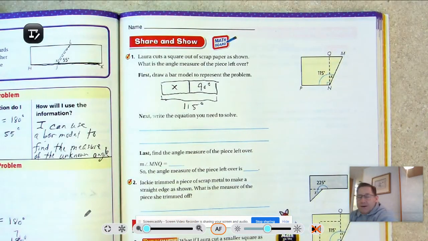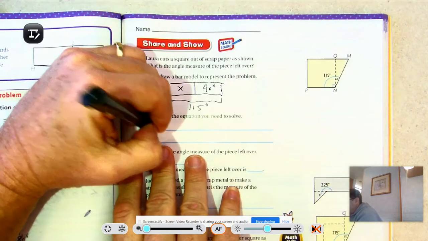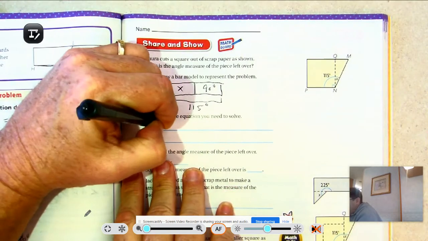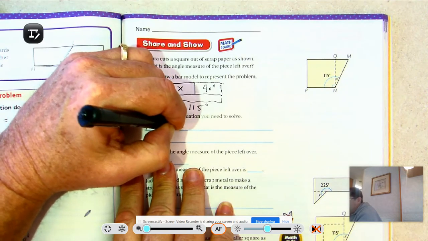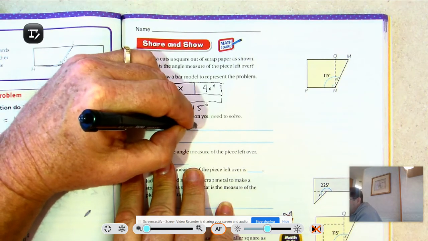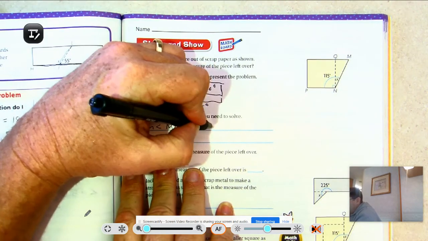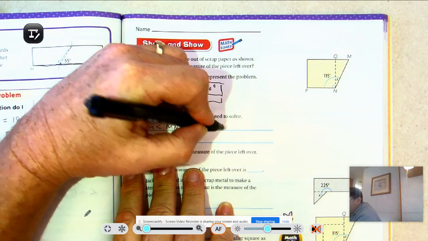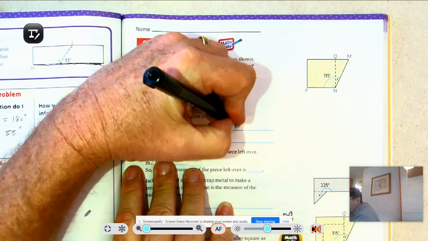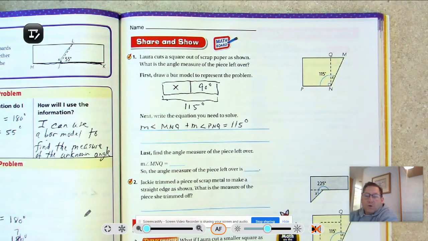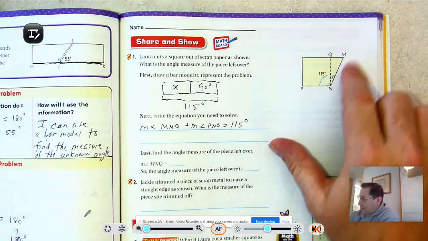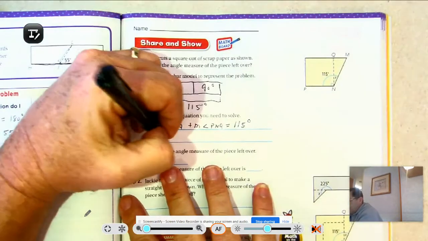So what equation do I need? I need the measure of angle M and Q plus the measure of angle P and Q, and that's going to equal 115 degrees. So what is the measure of angle MNQ? Well, that's the unknown. So that's X.